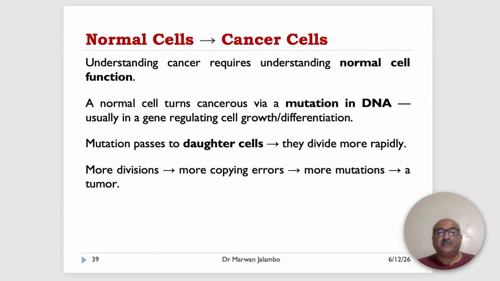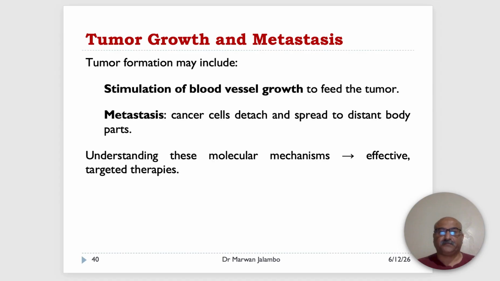But a tumor doesn't just sit there. Two further changes make it dangerous. Two things turn a clump of cells into life-threatening cancer. First, the tumor stimulates new blood vessels to grow and feed it. Without a blood supply, it couldn't get large.